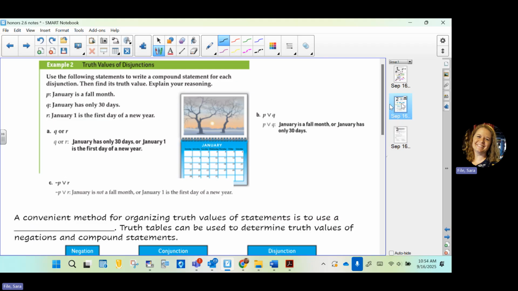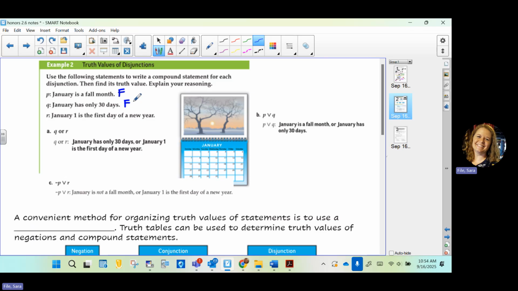Okay, it says statement P, January is a fall month. Is that true or false? Statement Q, January only has 30 days. There's 31 days in January. Oh, false. January 31st is actually my wedding anniversary.